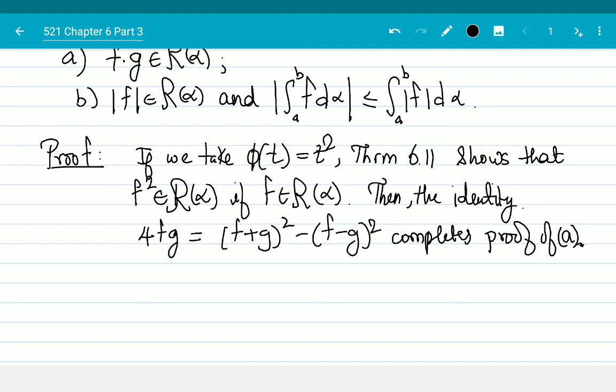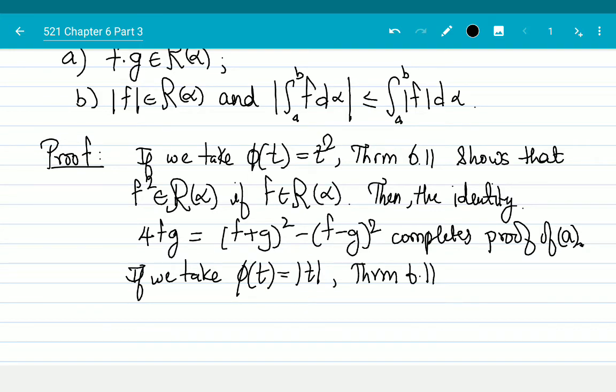Now, if we take phi of t equal to absolute value of t, theorem 6.11 again shows that absolute value of f belongs to R alpha.